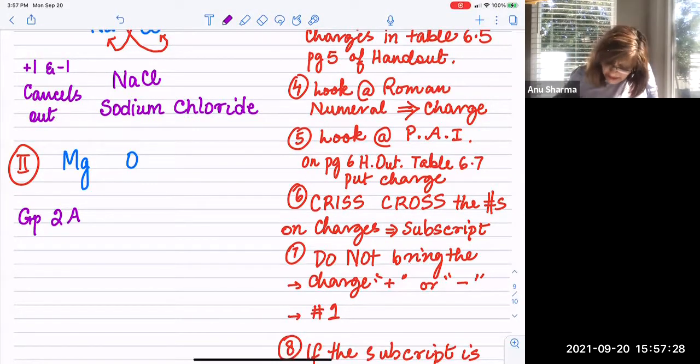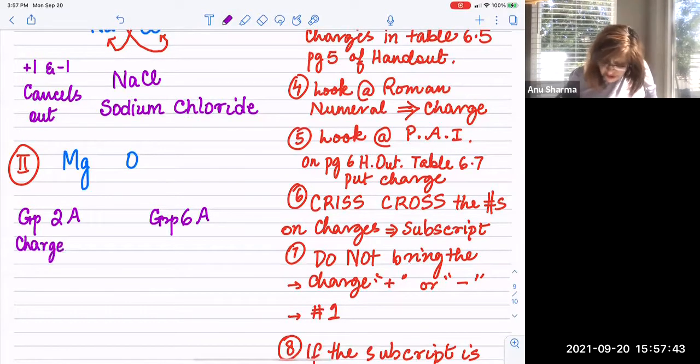You will see magnesium is in group 2A and oxygen is in group 6A. So what is the charge? Charge on magnesium is +2. Charge on oxygen is -2.